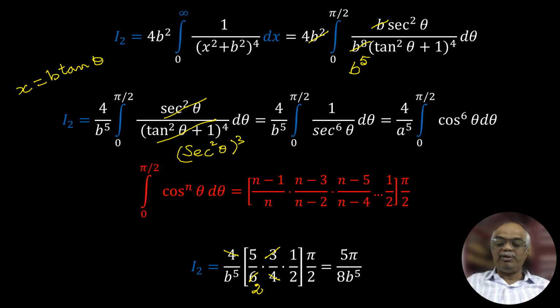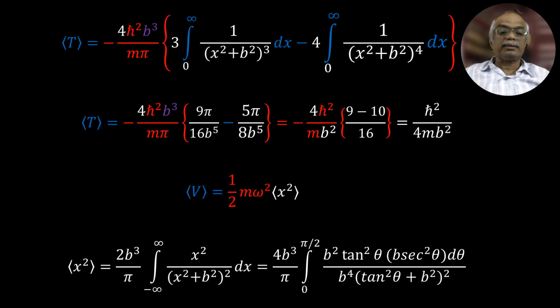Now we will find the expectation value of the kinetic energy. Now we got this integral, which is a constant parameter multiplied by these two integrals. We have seen the value for the first integral, including this multiplier, is equal to 9 pi divided by 16 p power 5.